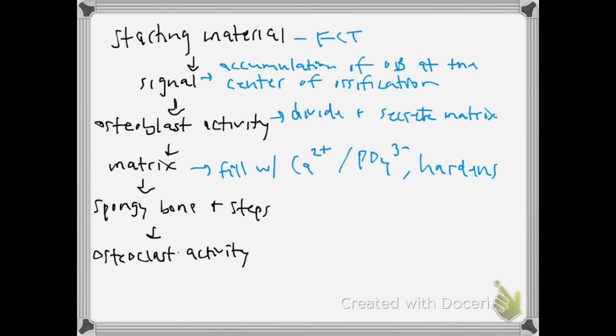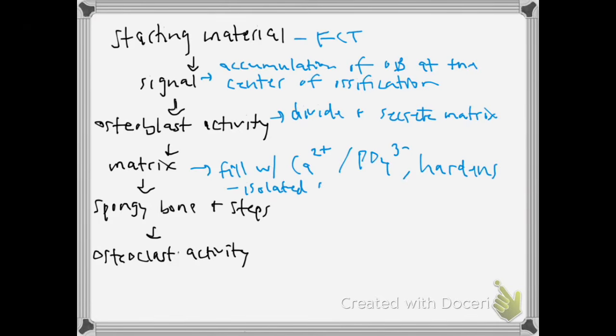So as a result of this, because we have this matrix filling up all this space, eventually we're going to get this isolation of some osteoblasts. So these osteoblasts are going to get isolated. When you get isolated from things, you're typically isolated from the blood supply, the blood connection. And if you remember, we've talked about this before, every cell needs a connection with the circulatory system for this exchange of nutrients and waste.